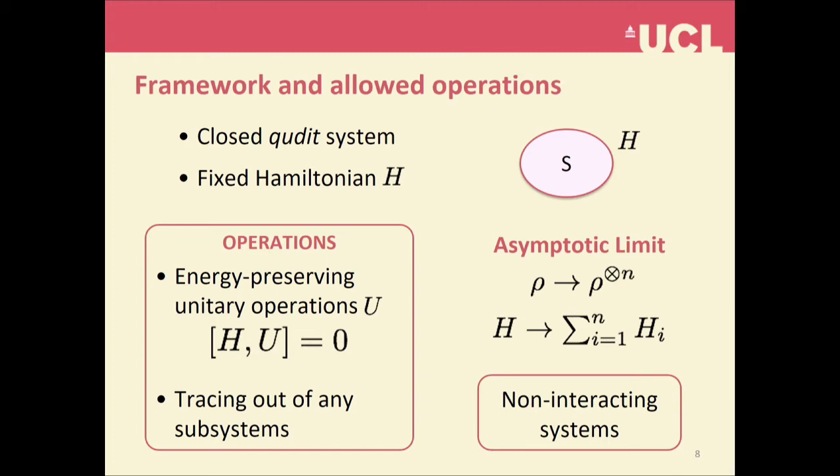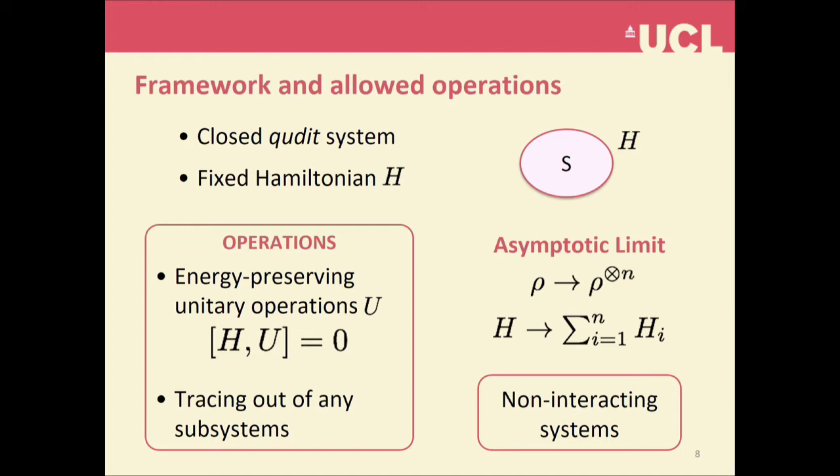So in this case, we have the tensor product of many copies of rho. The Hamiltonian of the overall system is given by the sum of single system Hamiltonians. First remark to make is that this is quite an idealization. We are in the presence of non-interacting particles, and therefore we are considering the perfect gas of quantum thermodynamics, let's say.